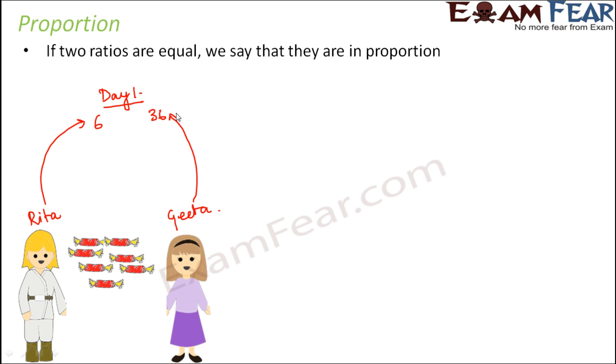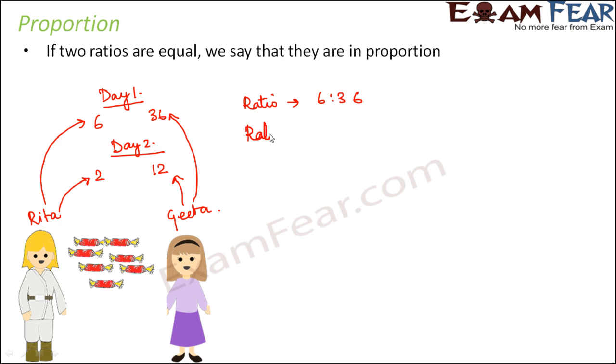So that's the count on day 1. What was the ratio of the number of toffees with Rita to Geeta? The ratio for day 1 was 6:36. Now let's say on day number 2, Rita has 2 toffees and Geeta has 12 toffees.